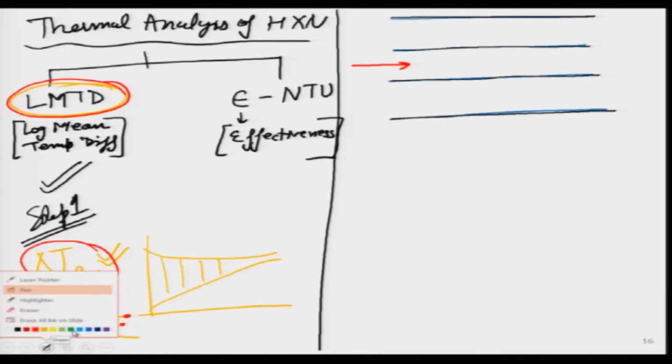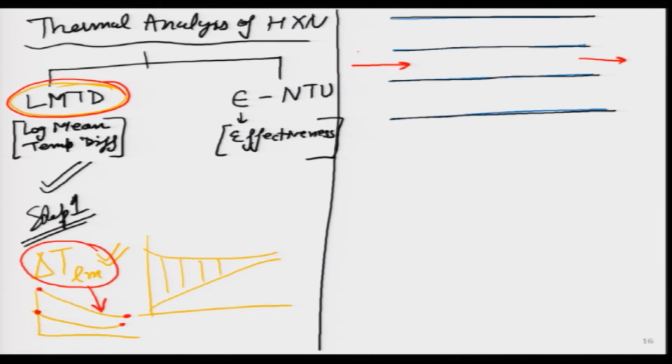simplest case. In the simplest case we have this counter flow heat exchanger, where the hot fluid shown in red color enters at this particular point, and cold fluid enters from the other side. So, we have cold fluid coming over here, which I will show with green blue arrows.